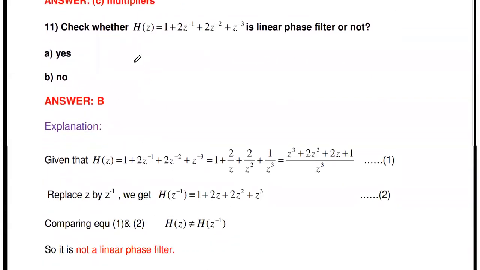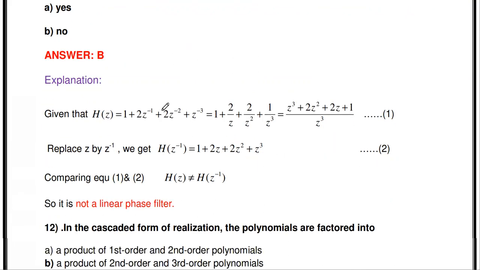Then the next question: check whether H(z) equal to 1 plus 2z inverse plus 2z power minus 2 plus z power minus 3 is a linear phase filter or not. In order to verify this transfer function H(z), what is the condition for a linear phase filter?